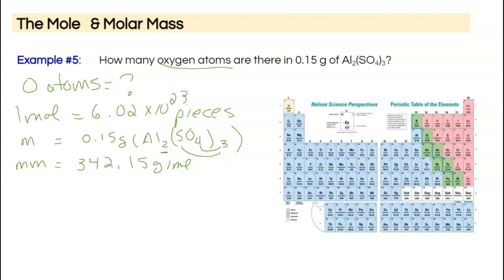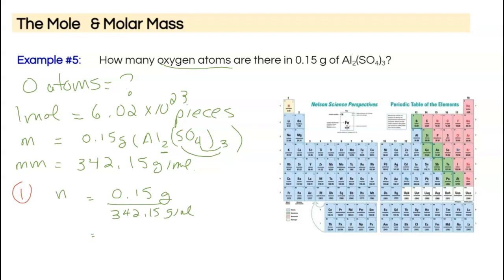Okay, so step number 1. My number of moles is going to be equal to my mass of 0.15 grams divided by my molar mass of 342.15 grams per mole.